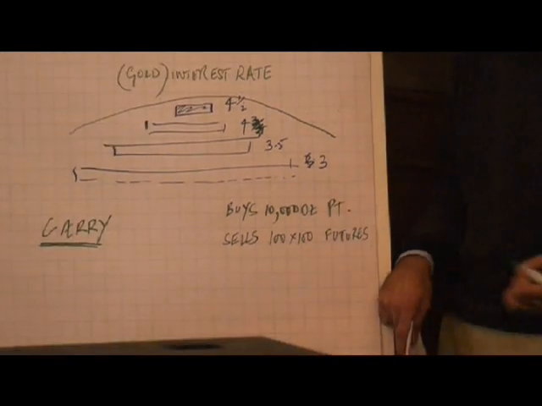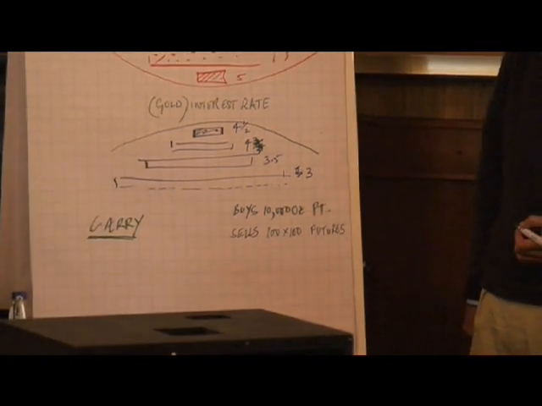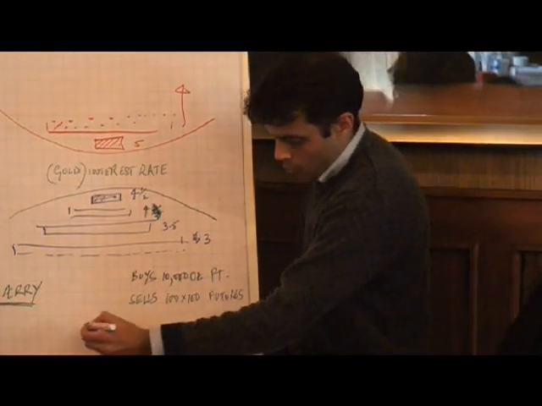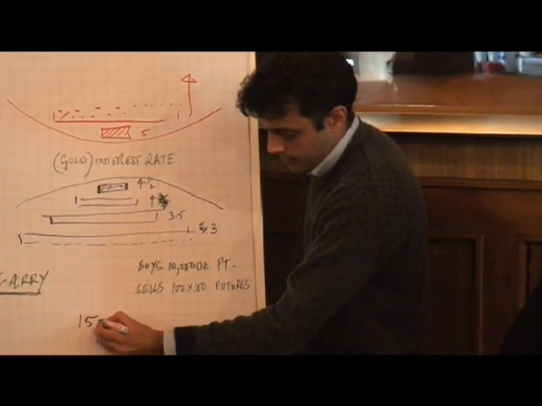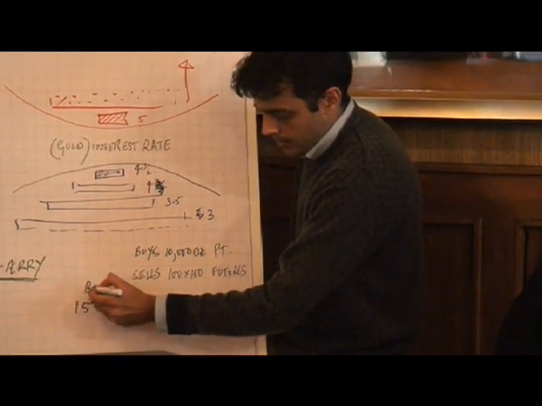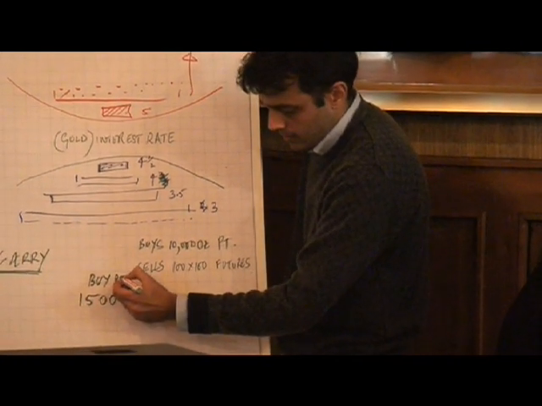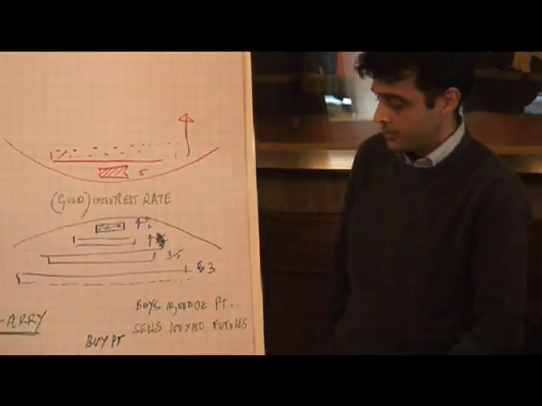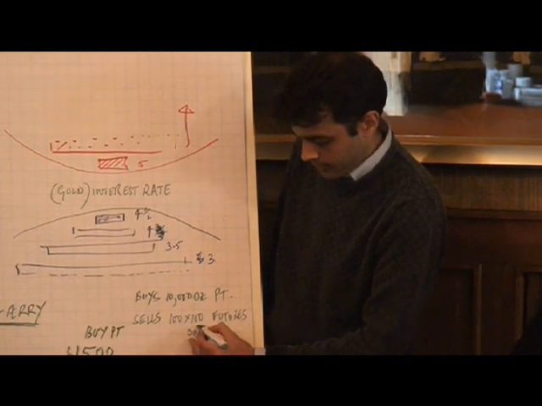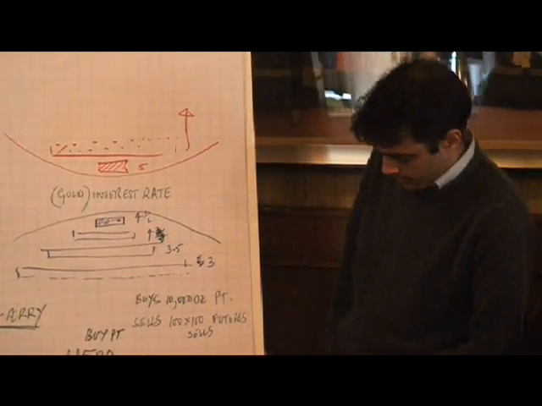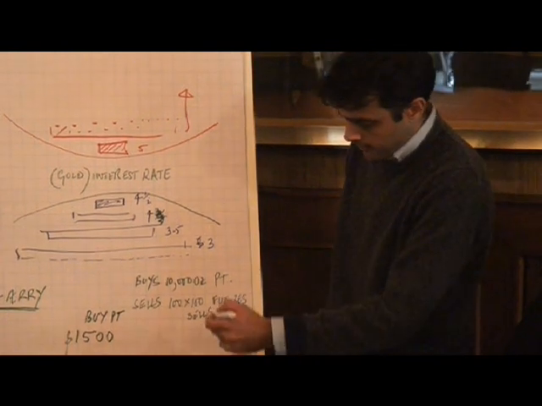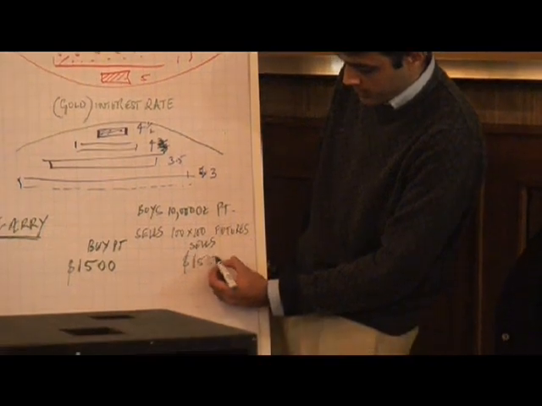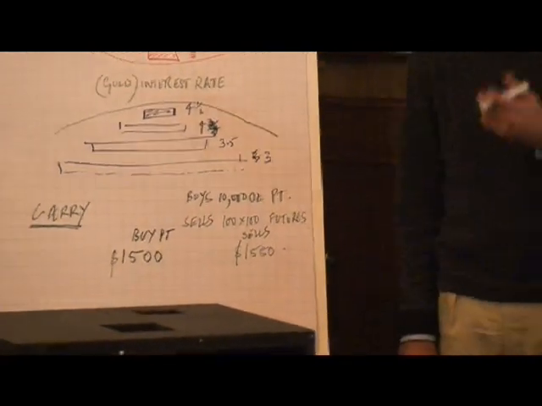Okay, so let's say he buys cash platinum at 1,500 gold dollars and sells a 3-month future for $1,550.